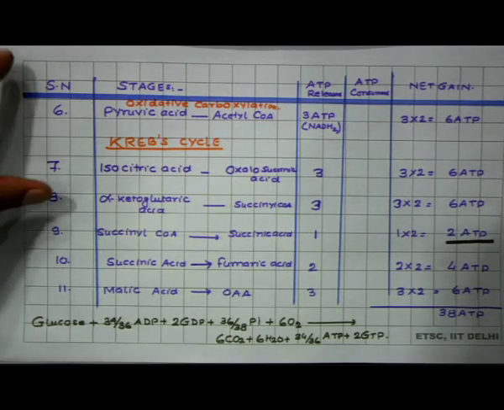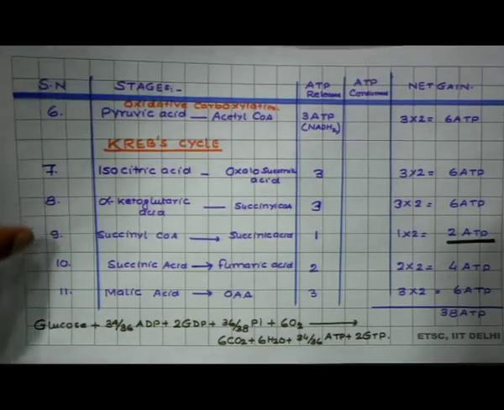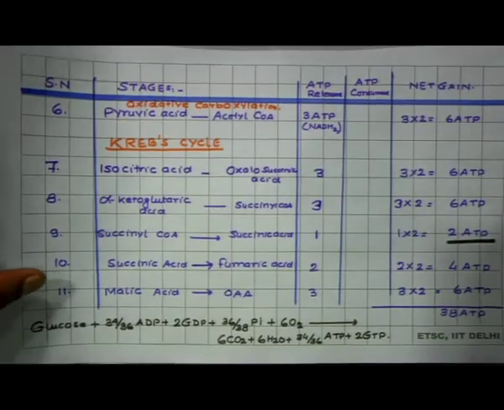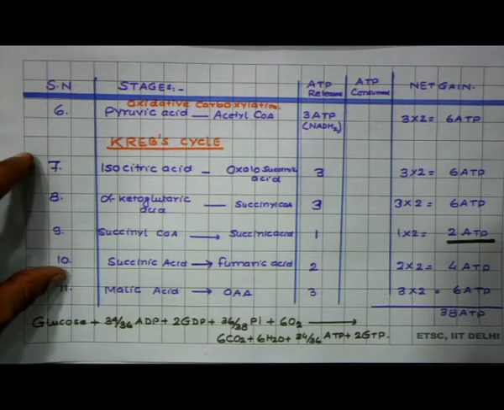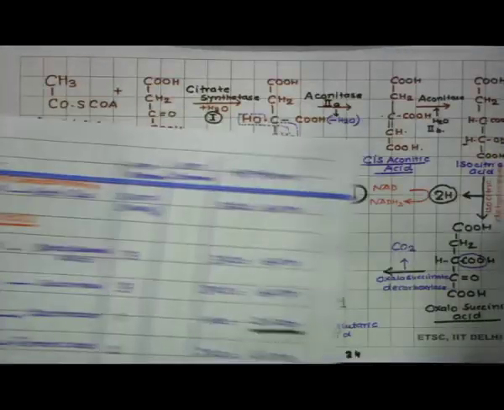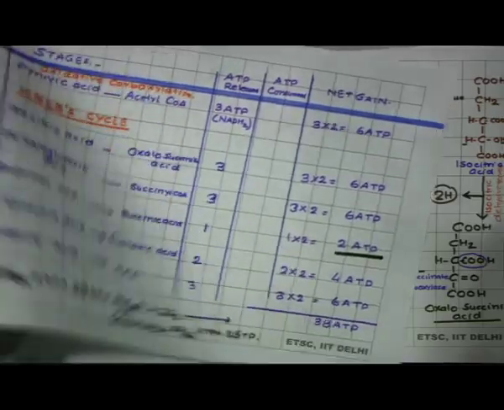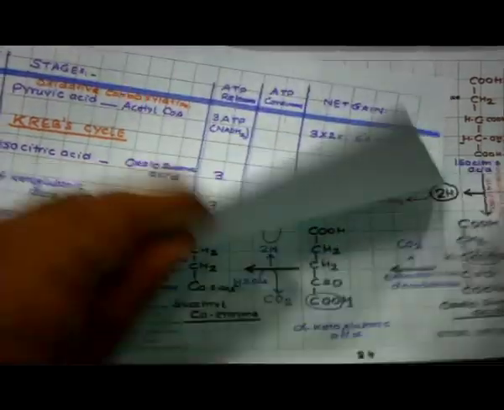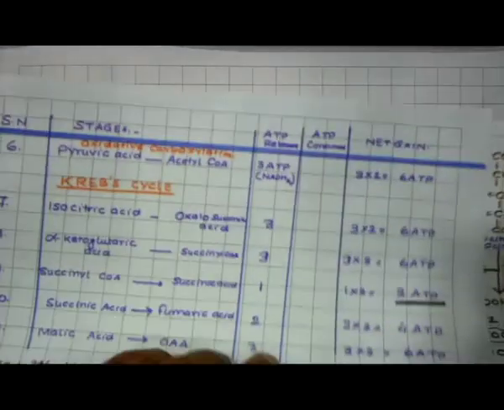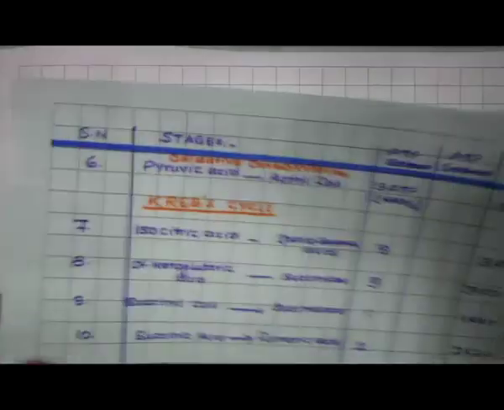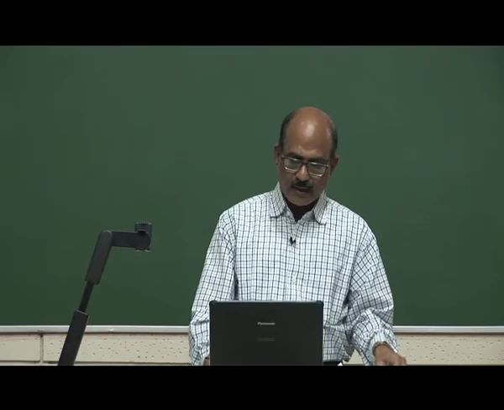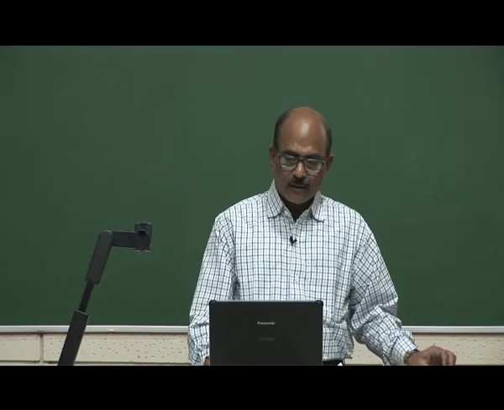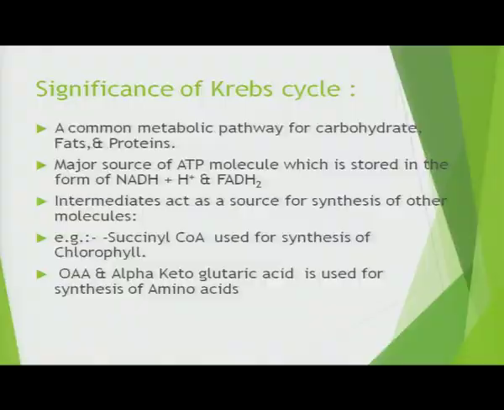So, this is the look where NAD plus is converted into NADH2 and FAD is converted into FADH2, which are going to be used in the further reactions of the electron transport chain and so on. This is the look. Now, what is the significance of the Krebs cycle?